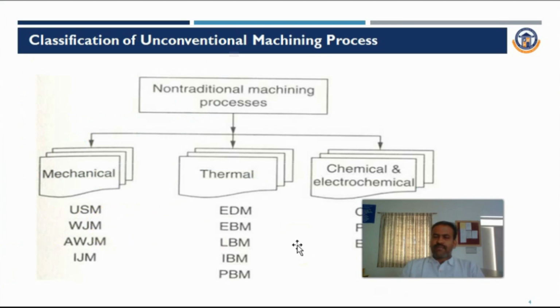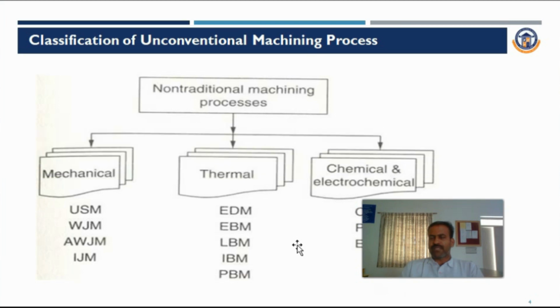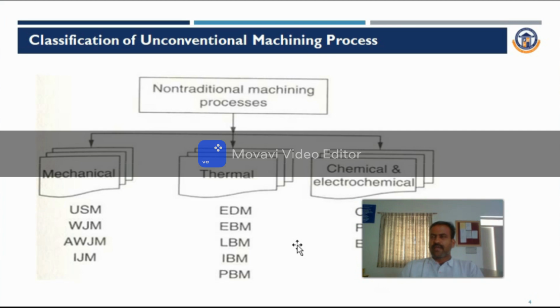Then what is the classification of unconventional machining process or non-traditional machining process? We have majorly classified three types. The first is mechanical, another is thermal, and the third is chemical and electrochemical. So what are the processes under the mechanical energy based non-traditional machining processes? Ultrasonic machining process, water jet machining process, abrasive water jet machining process, etc. We have these under mechanical energy based.